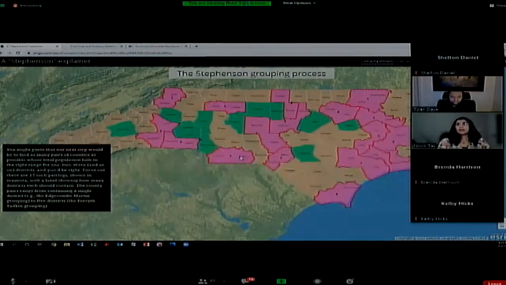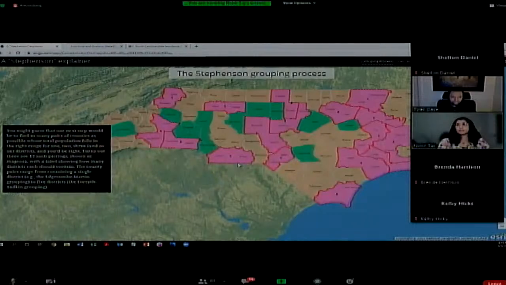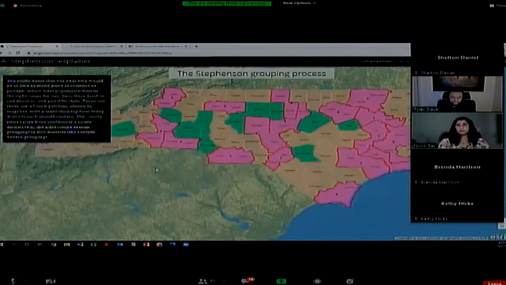Then you look at 2 county groupings, or 2 county clusters, that can hold a district together. So for instance, these 2 counties together can form 1 district. These 2 counties together can form 2 districts, and so on.